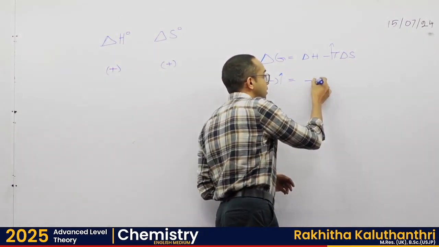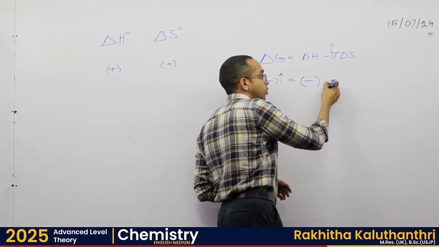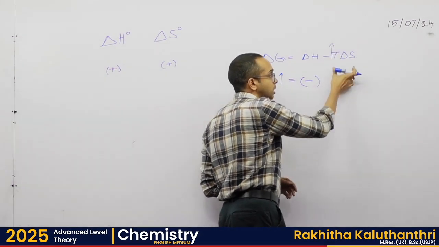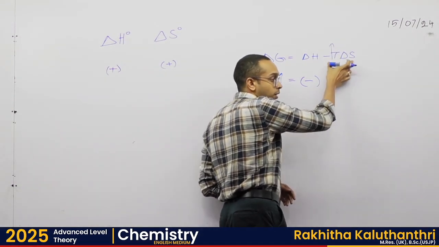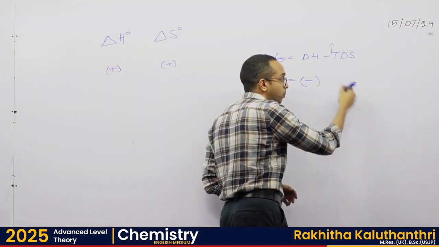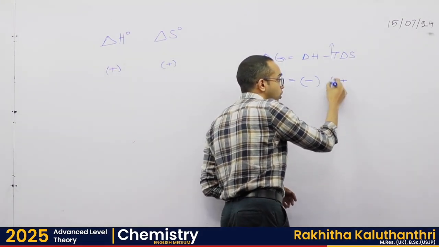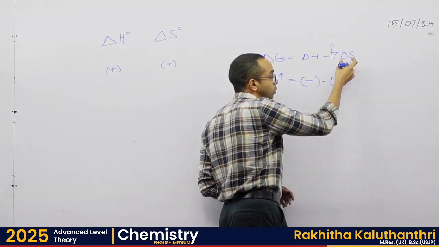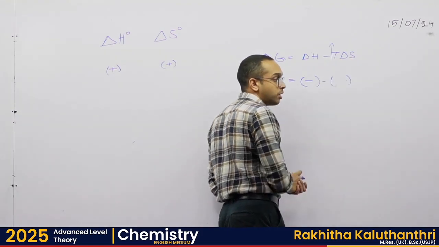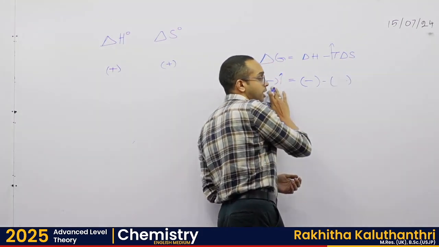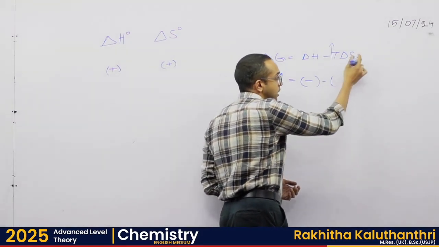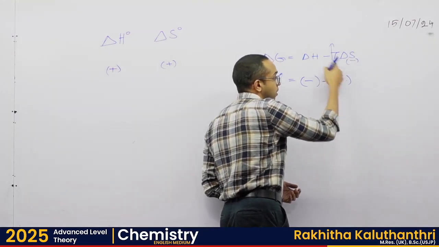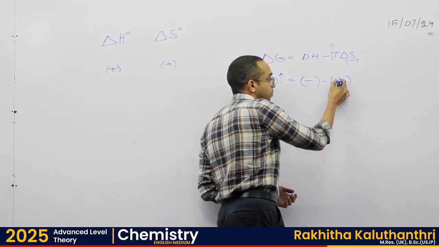You can immediately think that also, because temperature increasing would increase the magnitude of this value, and if the overall magnitude happens to be a positive value, then it's not going to be good for the Gibbs free energy change. So imagine if this was negative, then the overall value is positive.